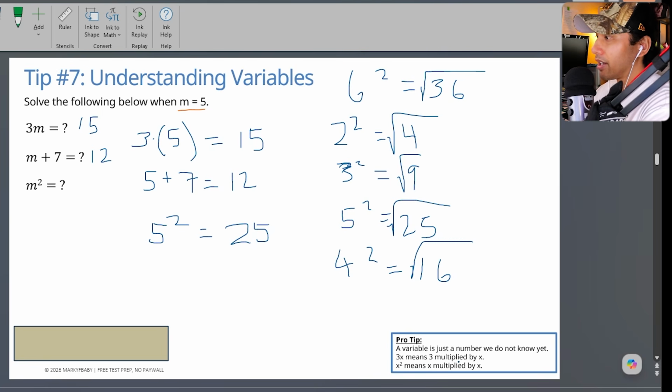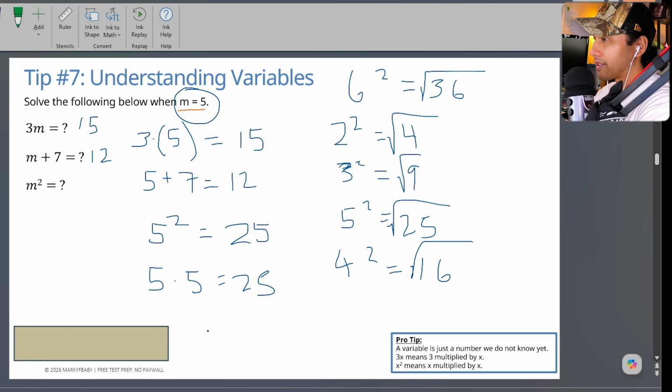Pro tip here, a variable is just a number we do not know yet. Okay, and this right here is the variable. 3x means 3 multiplied by x, and I demonstrated that. X squared means x multiplied by x, right? Because 5 squared is 5 times 5 equaling 25.